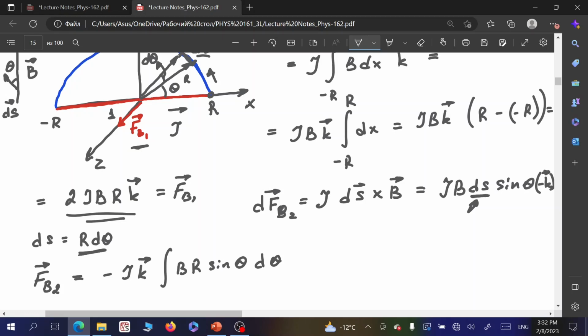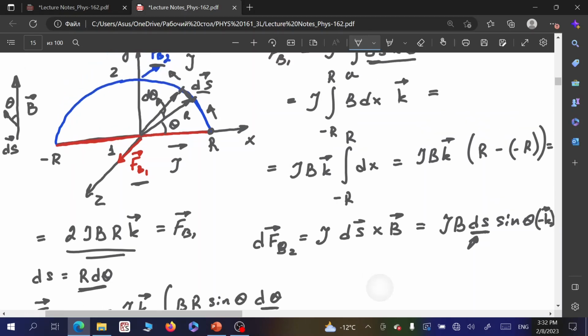And what will be the range of integration? Since we integrate now along the angle theta, look at our figure. If we start, for instance, from here and end here, from 0 to pi, exactly.